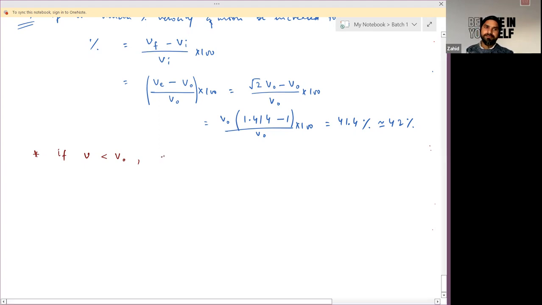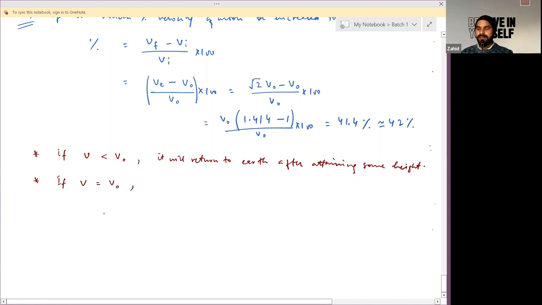I will explain how to calculate that height later. Next, if the velocity of the object equals orbital velocity, then it will start revolving around Earth in a circular orbit.